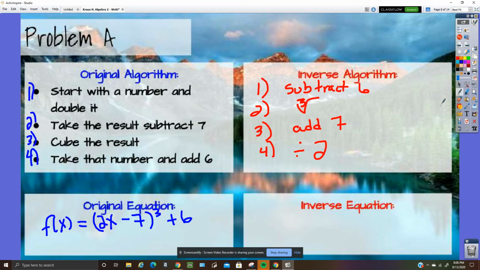And then the inverse function, you take x, and then you're going to subtract 6, and then take the cube root of those things, add 7, and divide by 2.